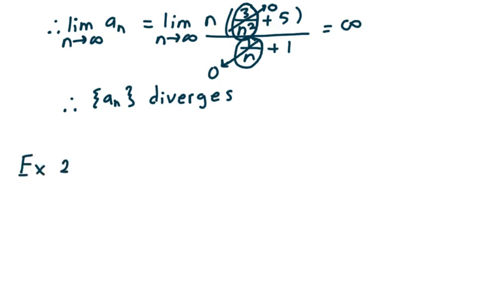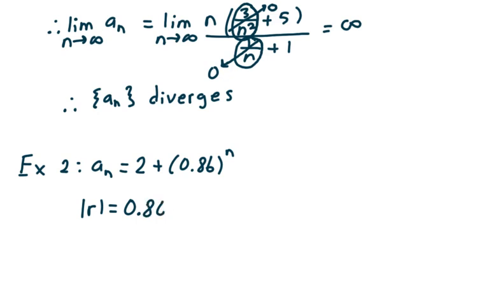Let's take a look at example 2. Suppose a sub n is 2 plus 0.86 raised to the nth power. Now, the absolute value of r is 0.86, which is less than 1. Therefore, if I take the limit as n goes to infinity of 0.86 to the nth power, that's equal to 0.